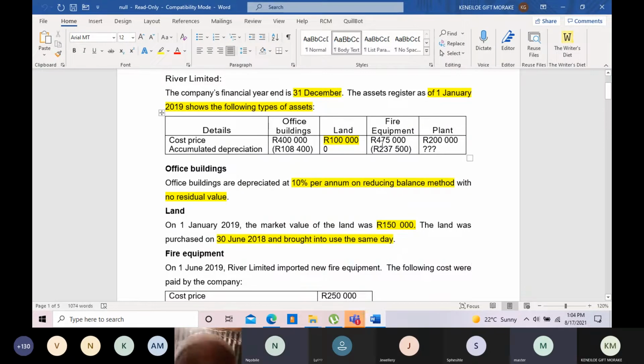So you must take 475 and record it under fire equipment. And then also it has this one, which is 237,500 as accumulated at the beginning. You must just do the copy and paste. So let's do it. The cost is 475. Accumulated is 237,500.